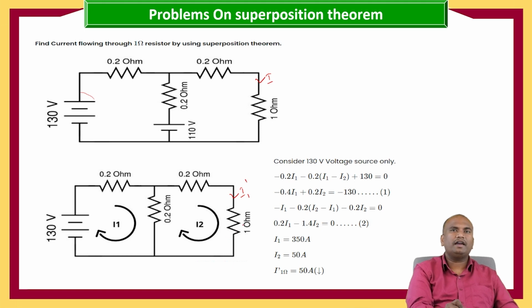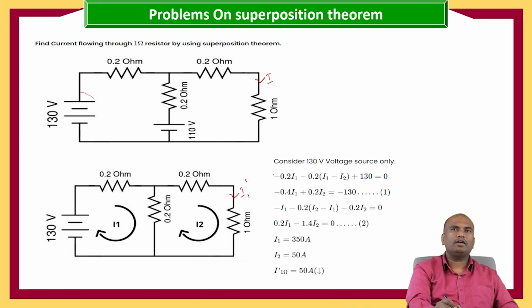For calculating I1 dash, we are going to apply mesh analysis. By considering the 130 volt source, there are two meshes, with currents I1 and I2. When writing KVL for loop 1, we assume that I1 has higher magnitude.